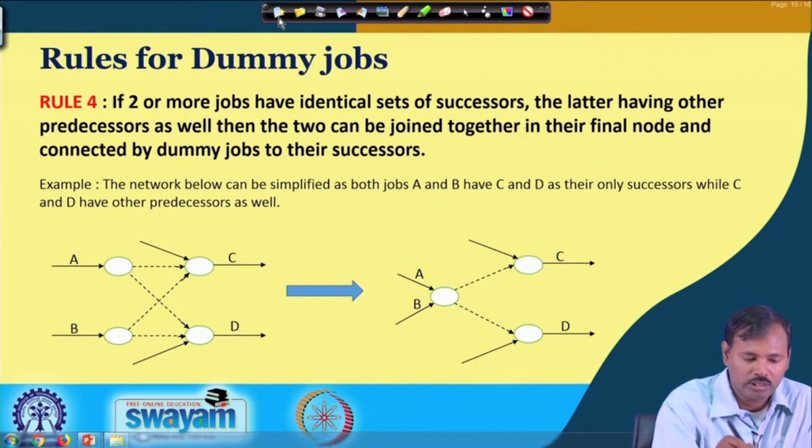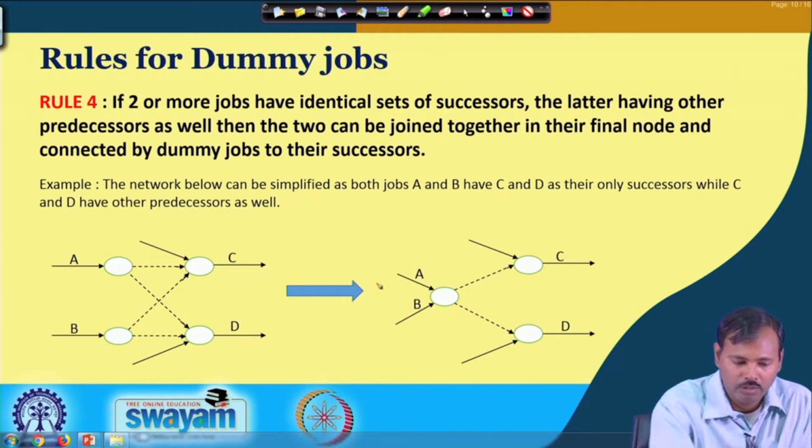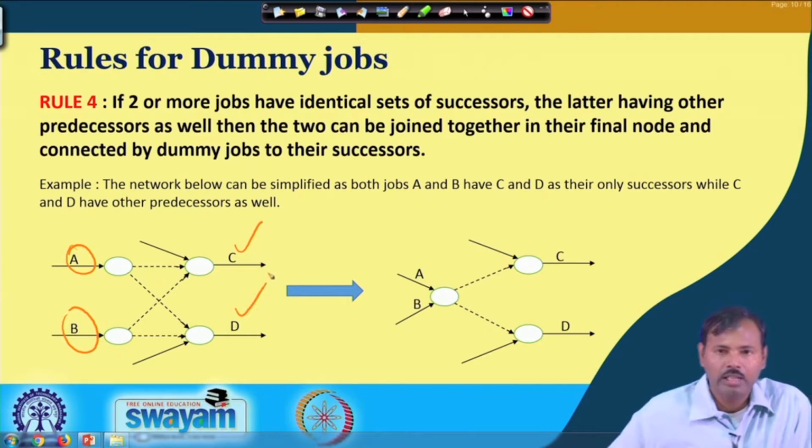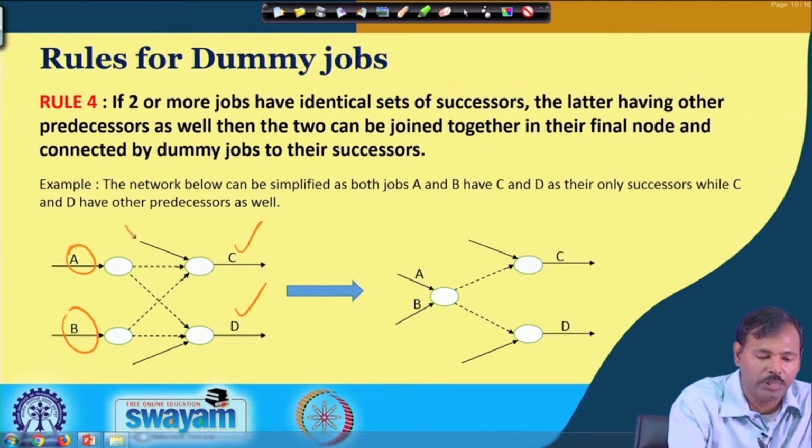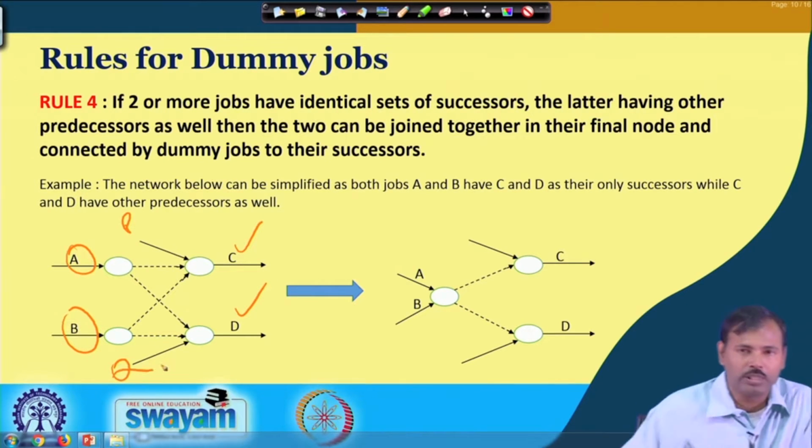We go for this activity A and activity B, which are the predecessors of C and D. Along with A and B, C and D are having other predecessors, say P and Q respectively.